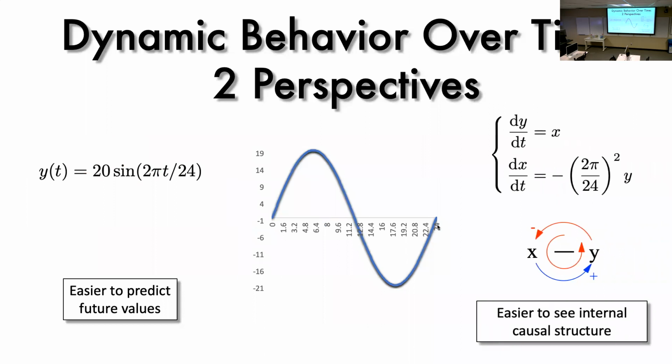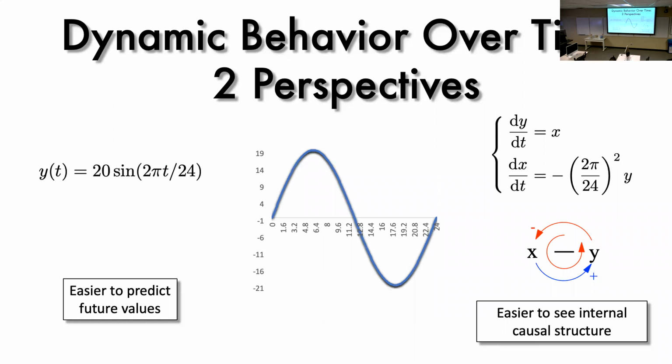So then there's this other perspective that looks more calculus-based, where instead of simply focusing on where the object is, we try to focus on how rates of change relate to each other. This was the perspective of, say, Isaac Newton, when he looked up into the sky and saw planets orbiting around.